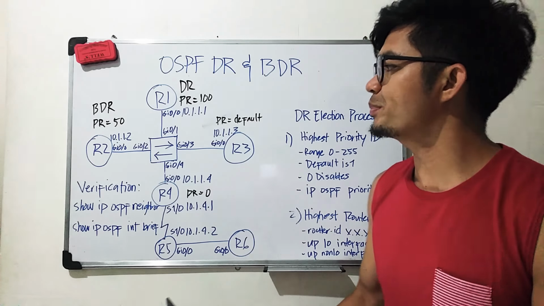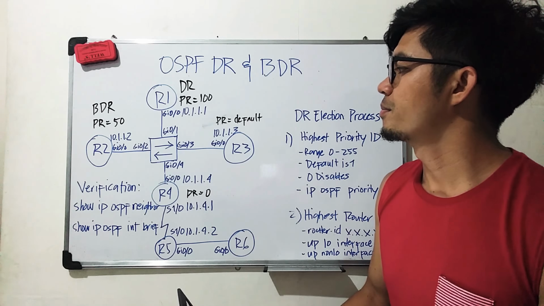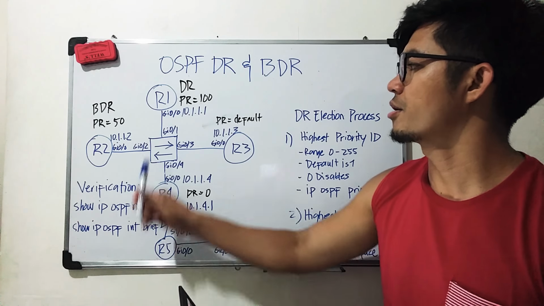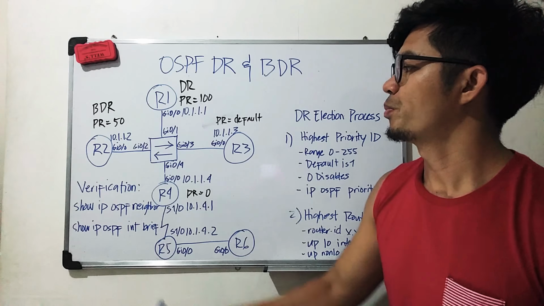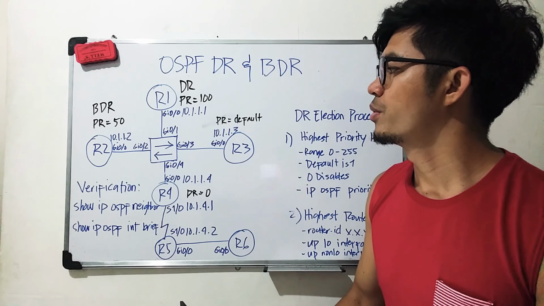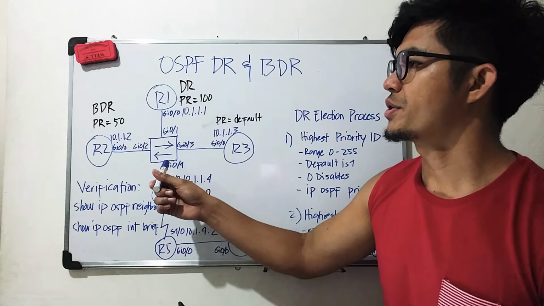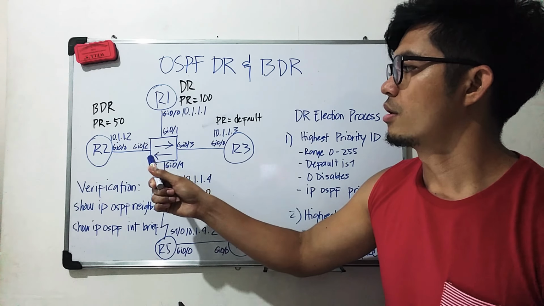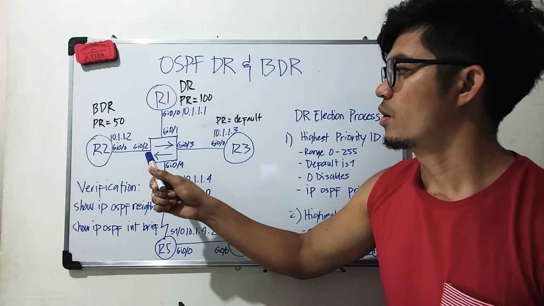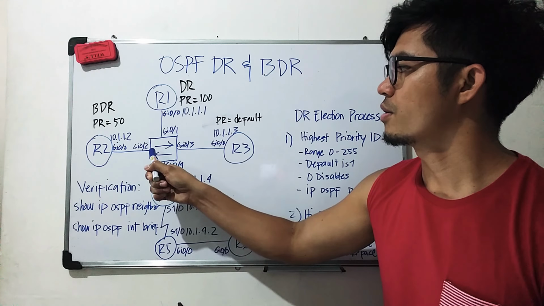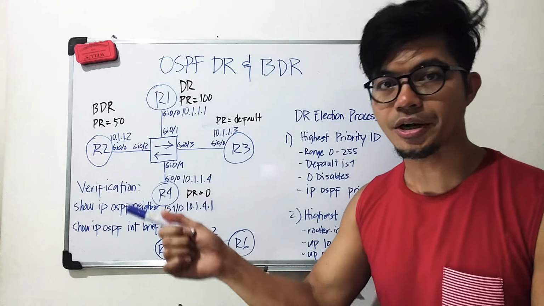So let's take a look at the topology right here. So we have one segment. One segment equals one subnet. So in this case, this is just one subnet.